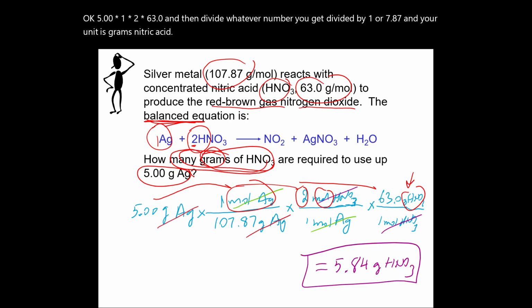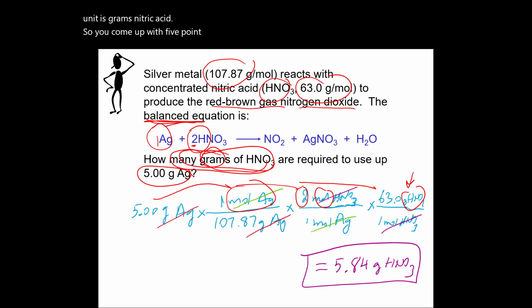So you come up with 5.84 grams nitric acid. So what does that mean? To use up exactly 5.00 grams of silver, you have to use 5.84 grams of nitric acid.